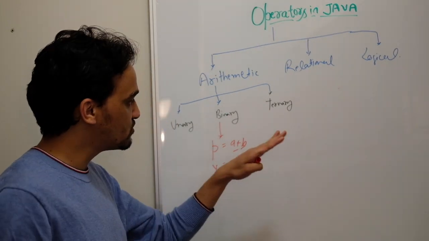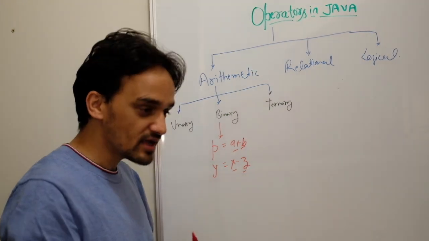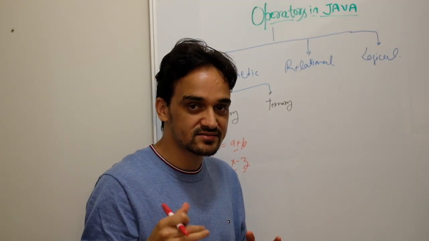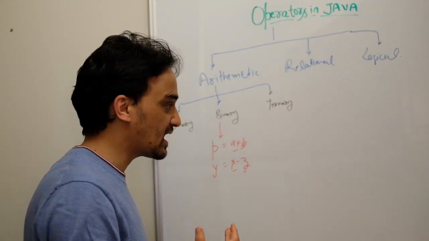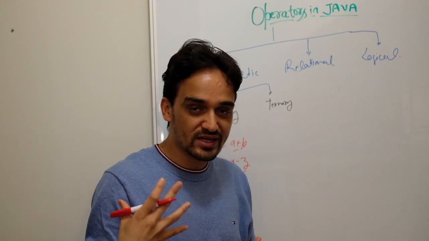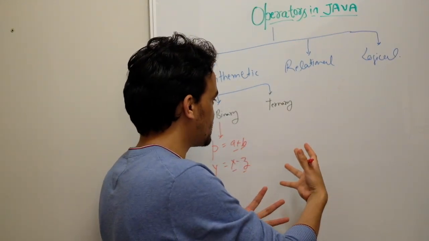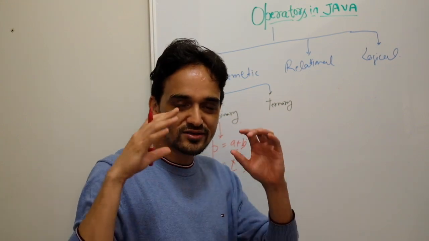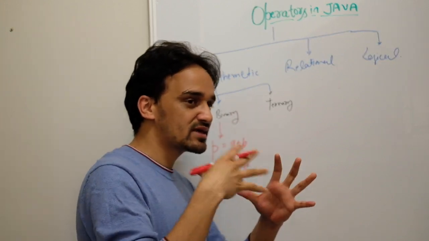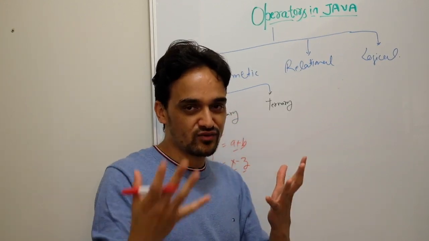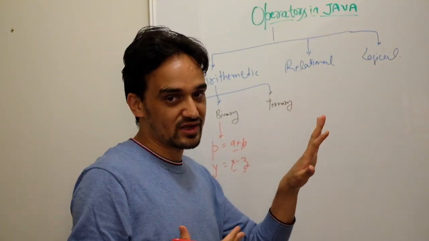Now let's move to the ternary operator, and this is very important. Ternary, as the name suggests, means 3. So we have 3 variables involved, and this is also called a conditional operator, where on the basis of one result we make a decision whether it's true or false. That is called a ternary operator.